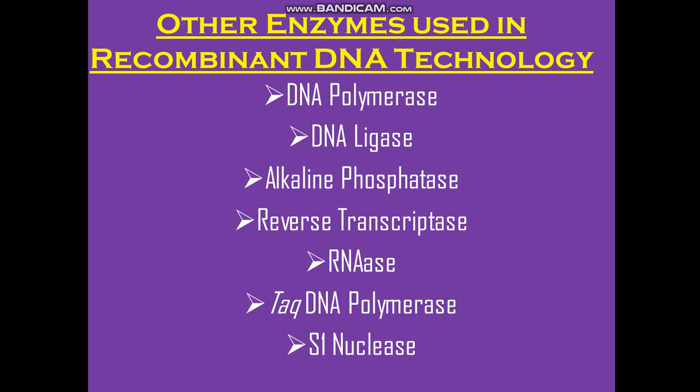Transcription is a process where DNA forms RNA. But here in reverse transcription, RNA forms DNA. So in recombinant DNA technology, we are using reverse transcriptase, an RNA dependent DNA polymerase, which forms DNA from the RNA strand.